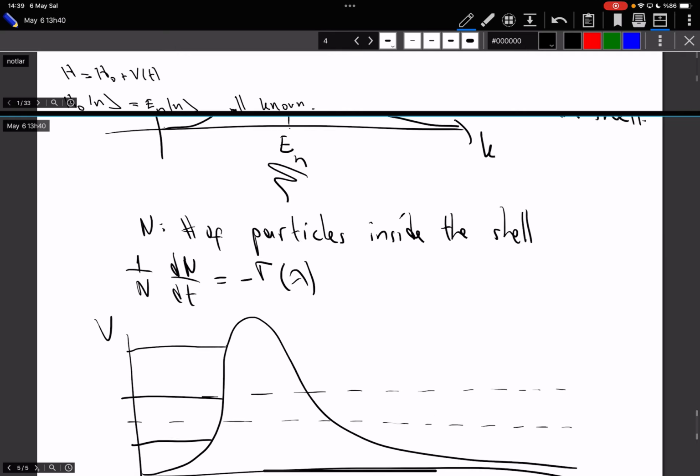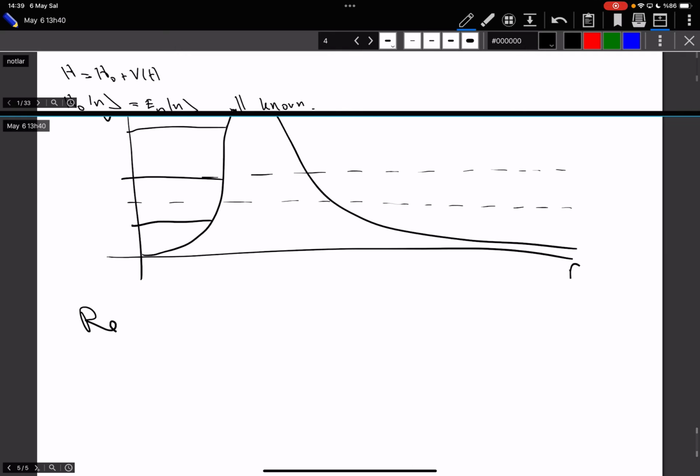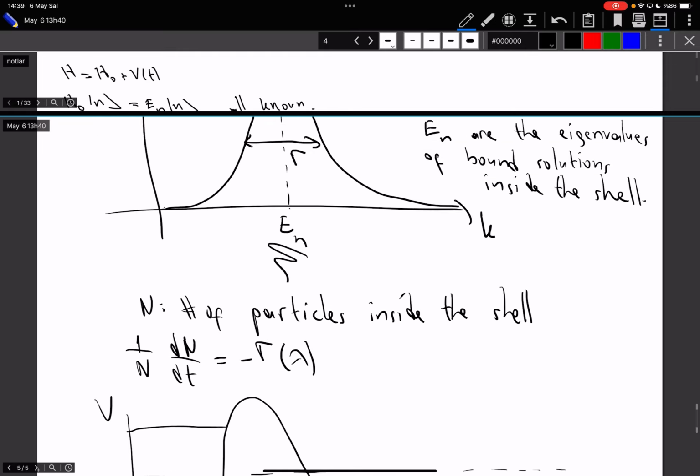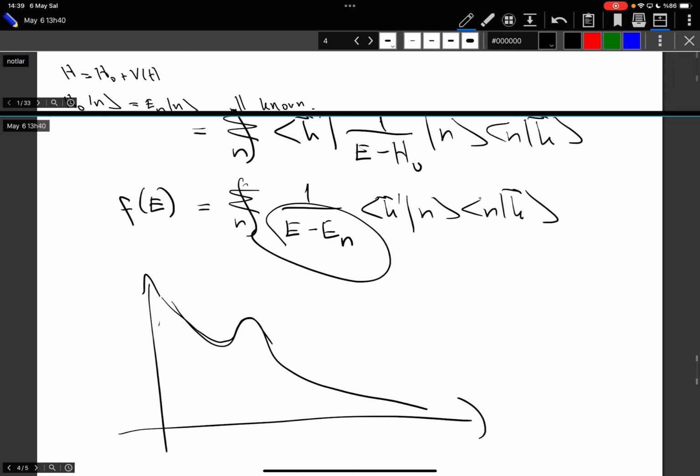Now, this is called resonance scattering. Whenever you see particle physics collision experiments, there is a so-called resonance when the energy of the incoming particles matches the energy of the particle that you have created.